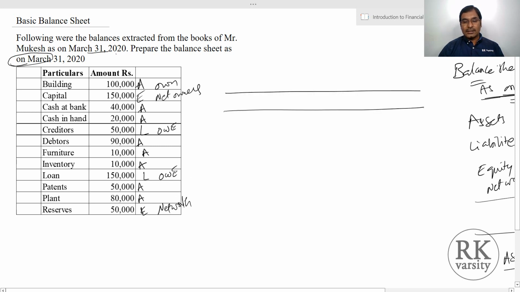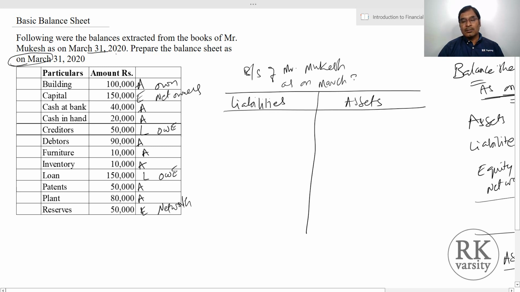So here is a simple format I'm writing for a balance sheet. On the liability side, this is one side and assets is the other side, and here we will write balance sheet of Mr. Mukesh as on March 31st 2020.